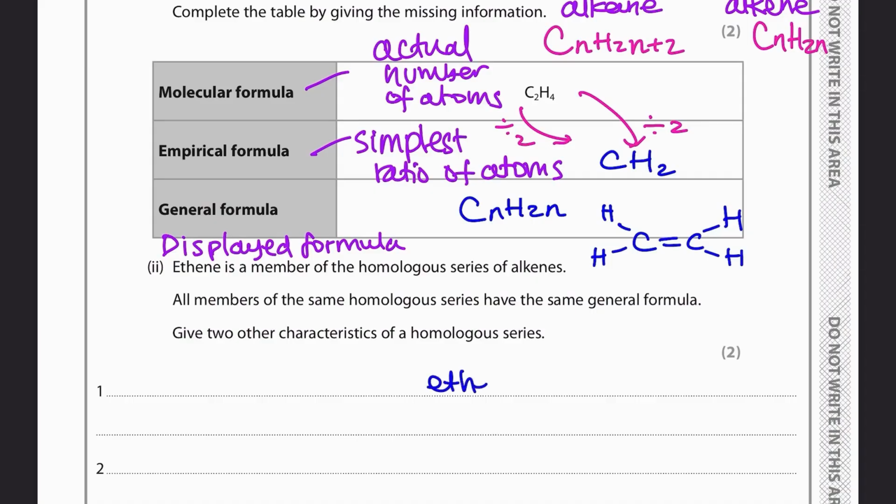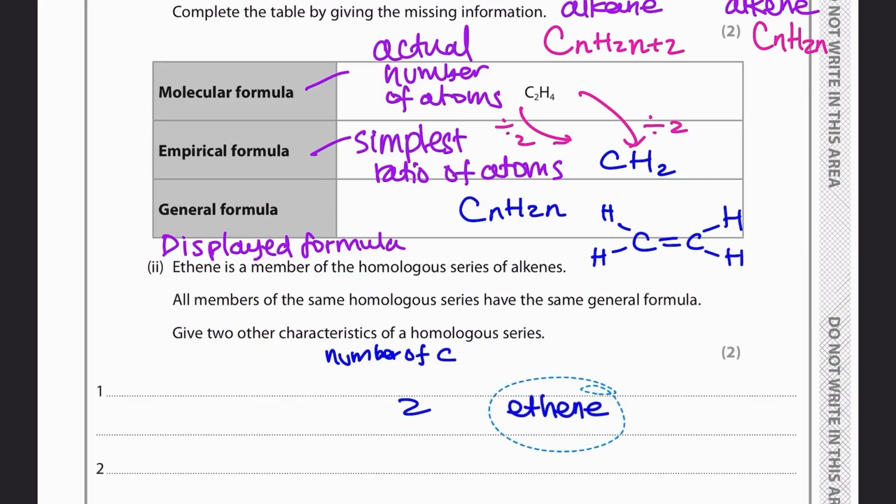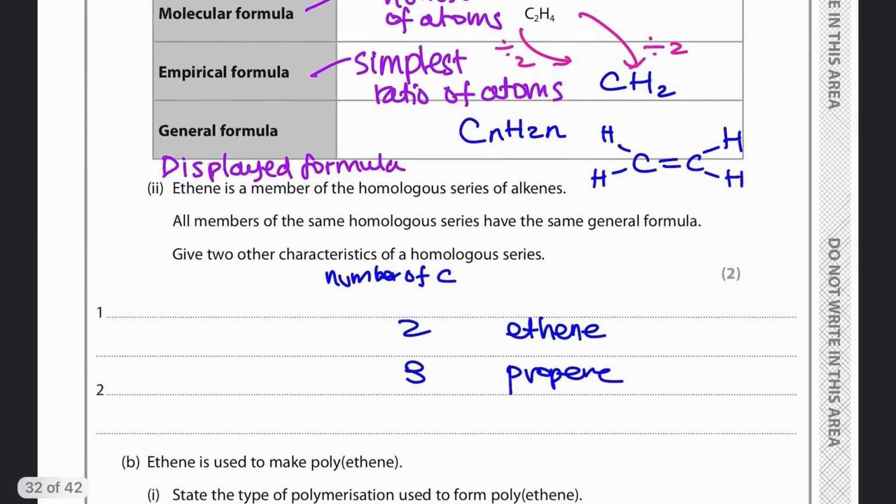So if it's ethene, this is the number of carbons. If it's 2 carbons, that's ethene, right? Whereas if it's 3 carbons, that's propene. And then if it's 4 carbons, that's butene.